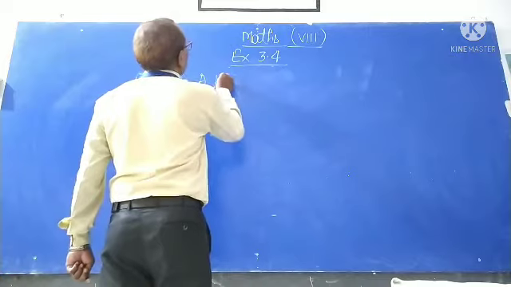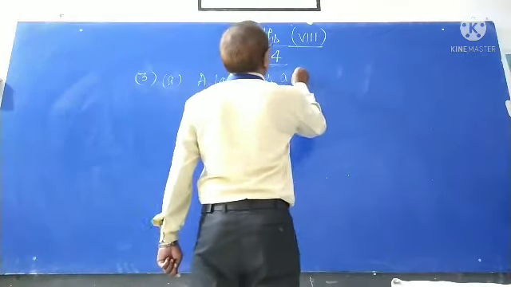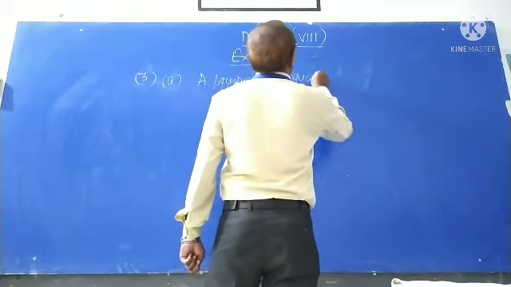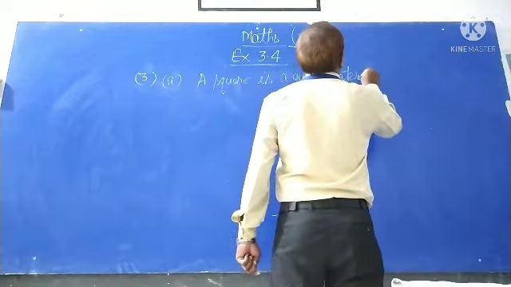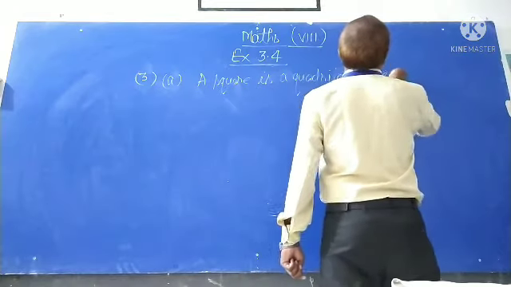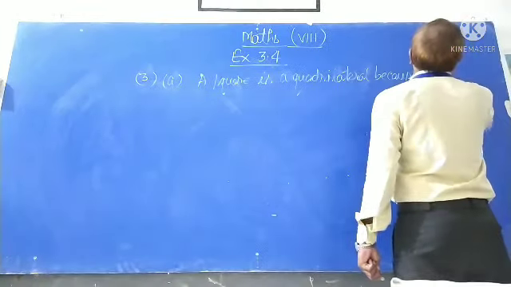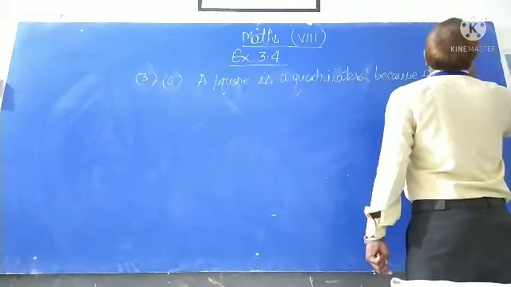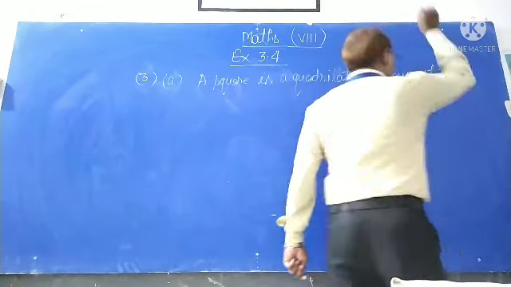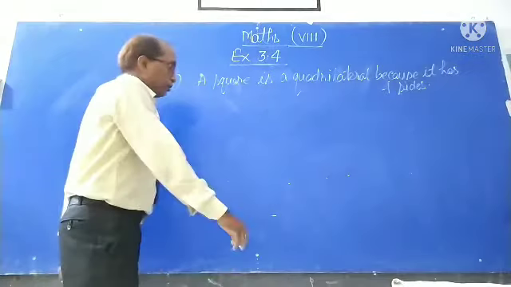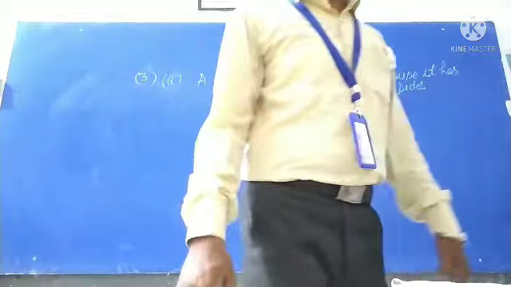A square is a quadrilateral because it has four sides. It is a four-sided figure. Therefore, this is a quadrilateral.